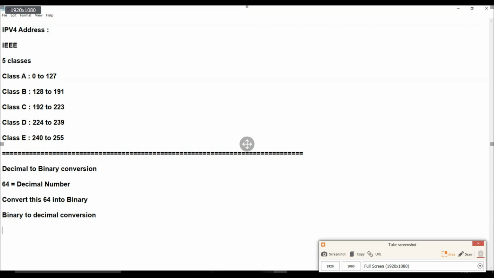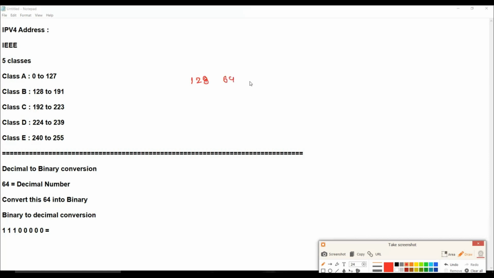If I give you a number like 111 followed by 5 zeros, and I ask what is the equivalent decimal number for this binary, you use the same logic. You place the decimal bit position values: 128, 64, 32, 16, 8, 4, 2, 1, and you write this binary on the respective bit position values.